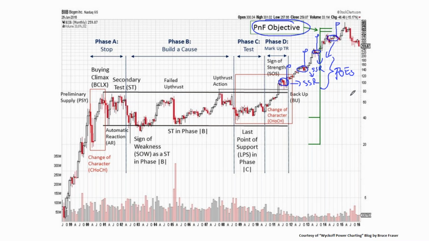And so we just stay focused. What we're looking for is that classic change of character. We're looking for the climactic action and the reversal that tells us that the trend is over. And so we are always going back and forth between the point and figure and the horizontal and the vertical charts, looking for those telltale signs of stopping action and conclusion of a trend and so on.